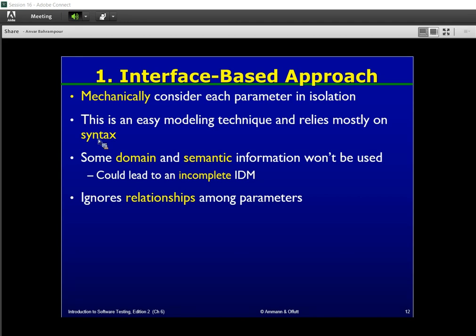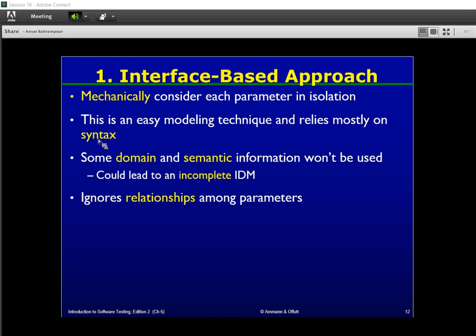The syntax of our methods could be defined by their return values and their input parameters, and there is no need for knowledge about the functionality of each method.